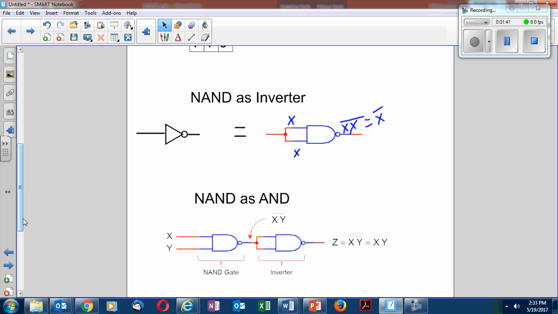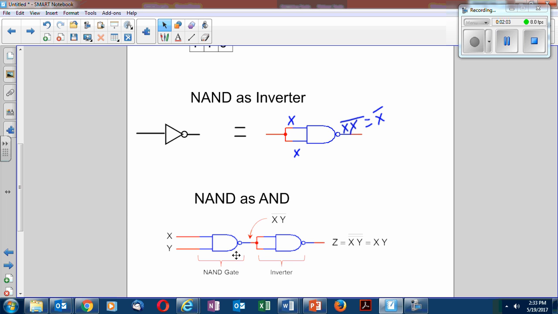And then you can use a NAND gate as an AND gate. Now, NAND by itself is like an AND gate with a built-in inverter on its output, but we cannot take that inverter out. So to invert it back to what it originally was, the AND, we can add another inverter.